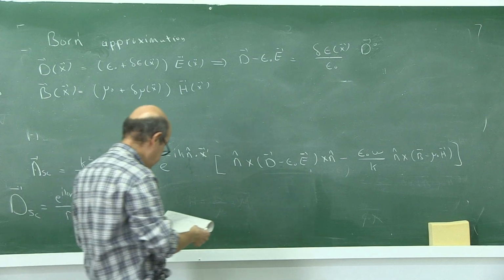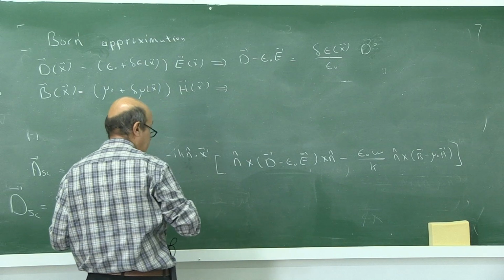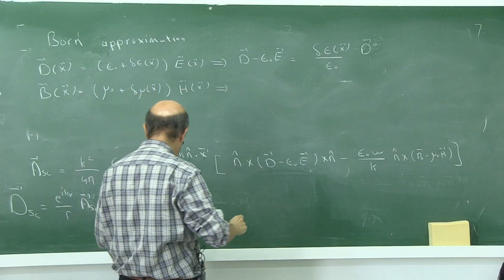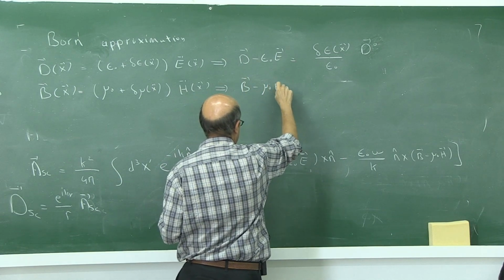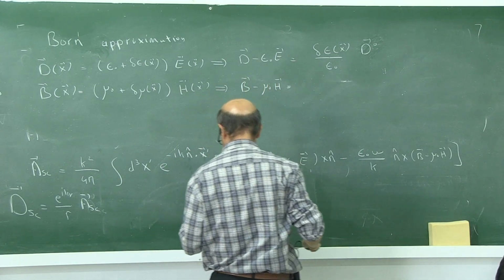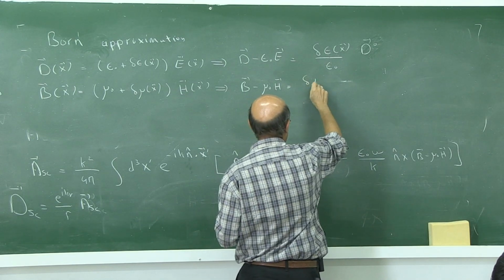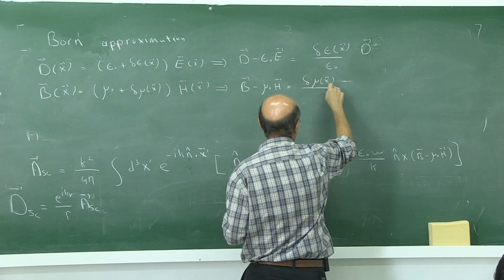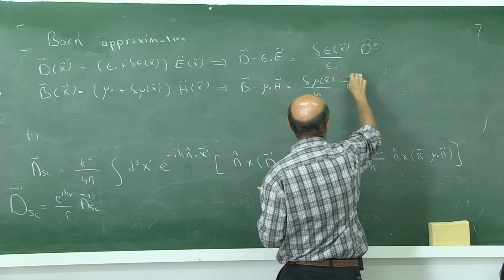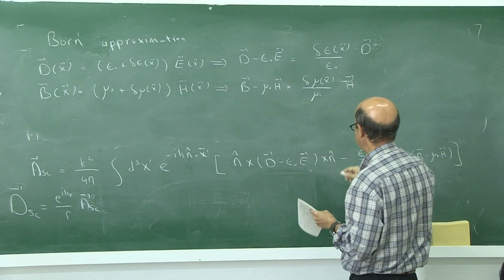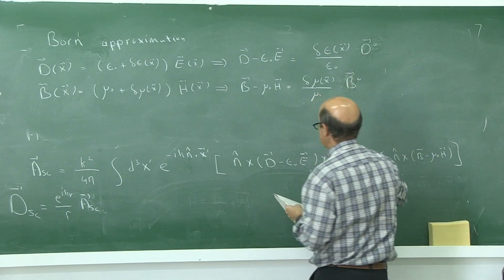You can do the same thing to the below one. Then B minus mu 0 H will be what? Variation in the magnetic permeability over mu 0 times H. H, B incident.